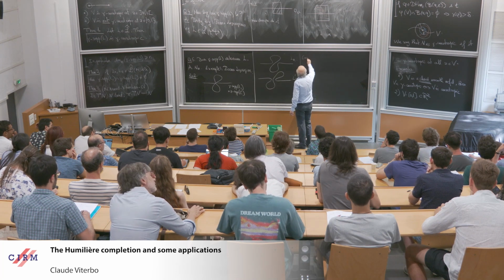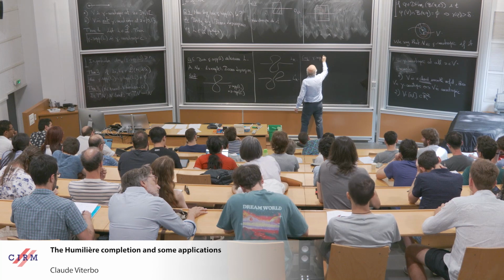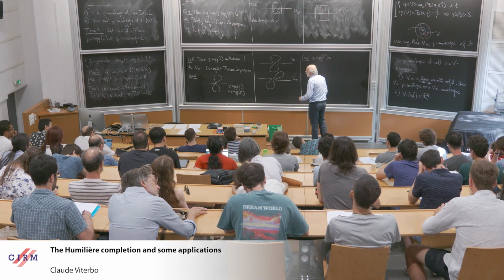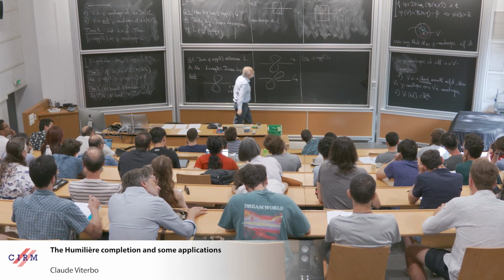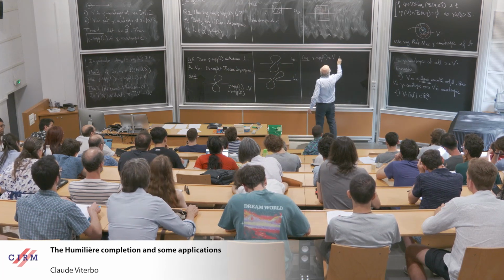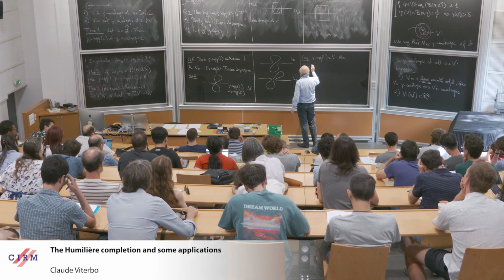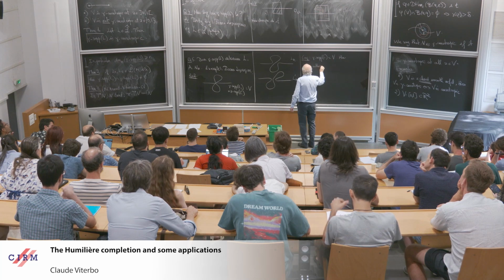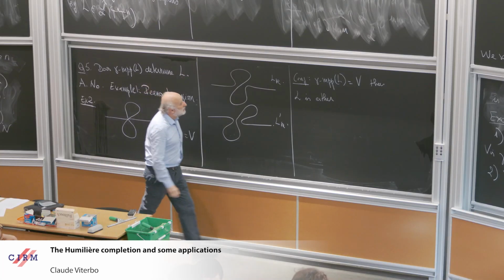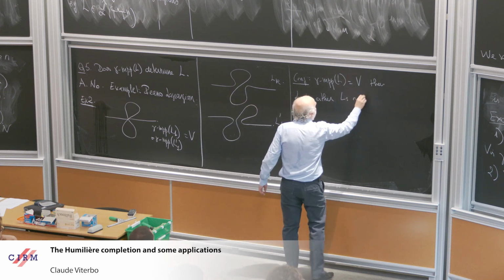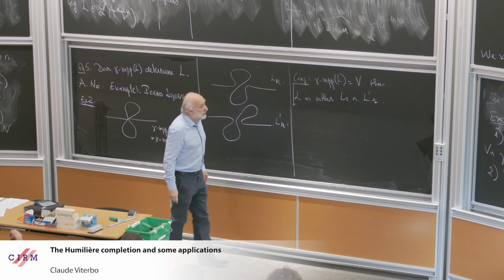So the conjecture: if the gamma support of L is, let's call this set V, then L is either, let's call this L1 and L prime 1, L1 or L prime 1.